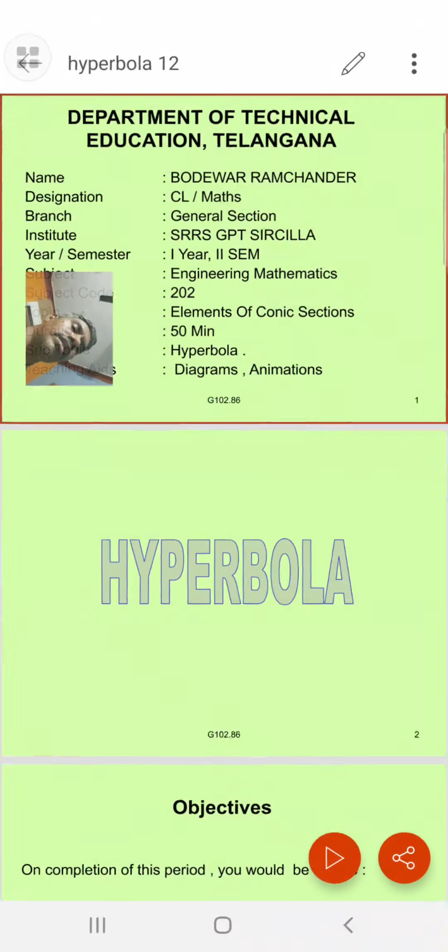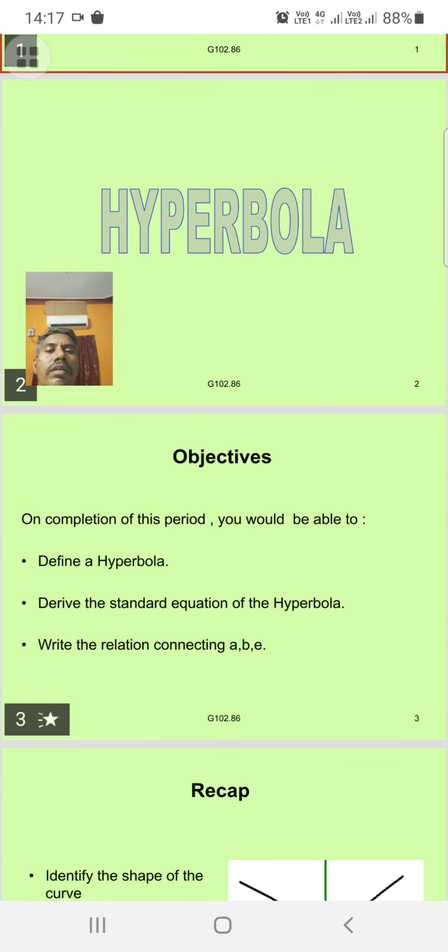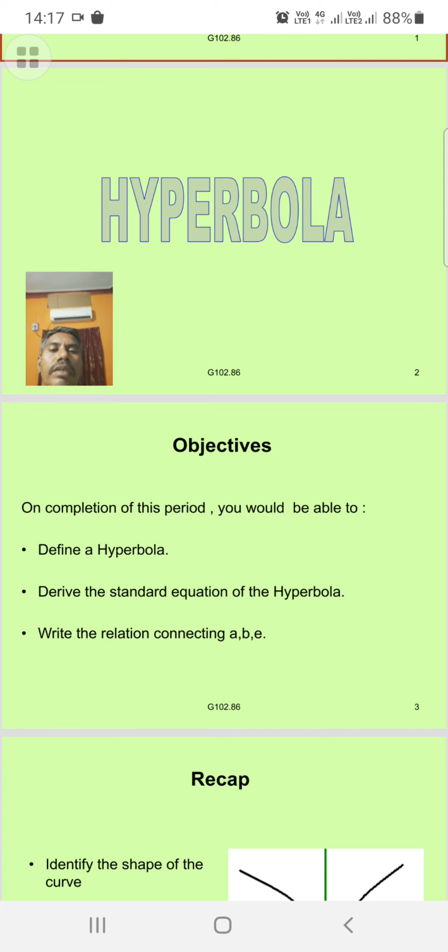So these elements are similar to the ellipse, the same as it is, only the difference is in the equation, a negative sign before y square.